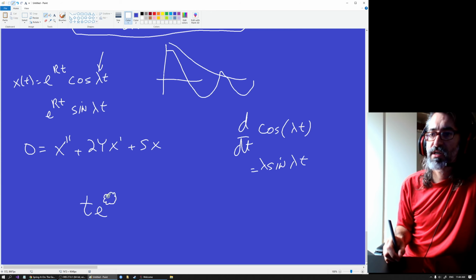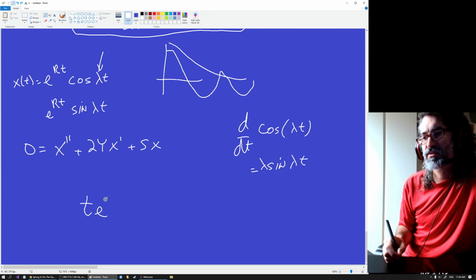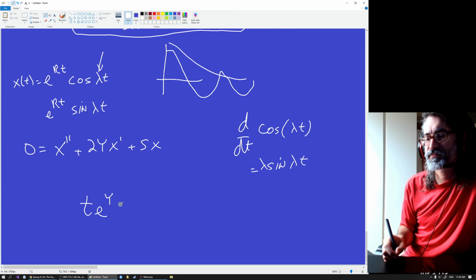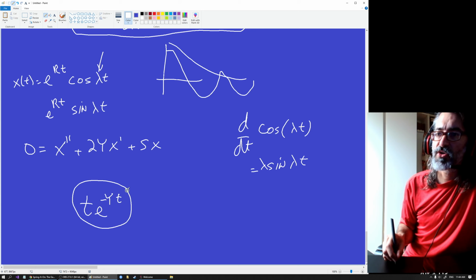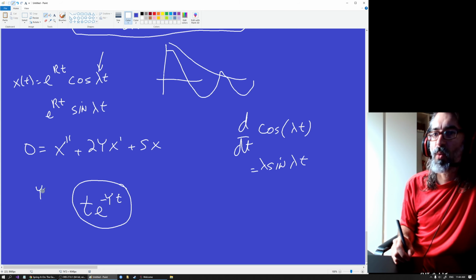Yes, find a number here. Spoiler is gonna probably be e to the minus y t. So this is also a solution when y squared equals s. So this is critically damped.